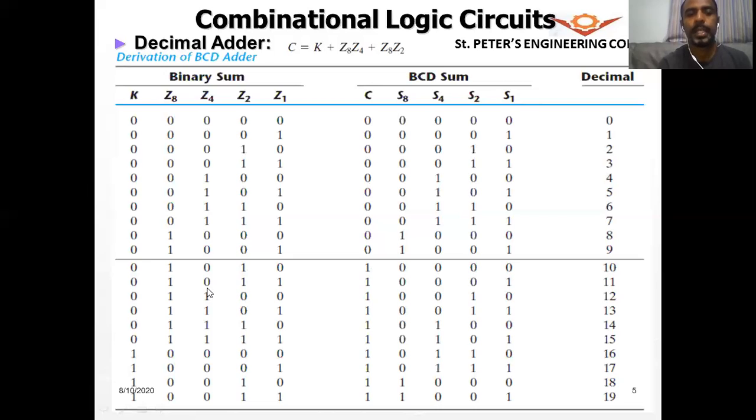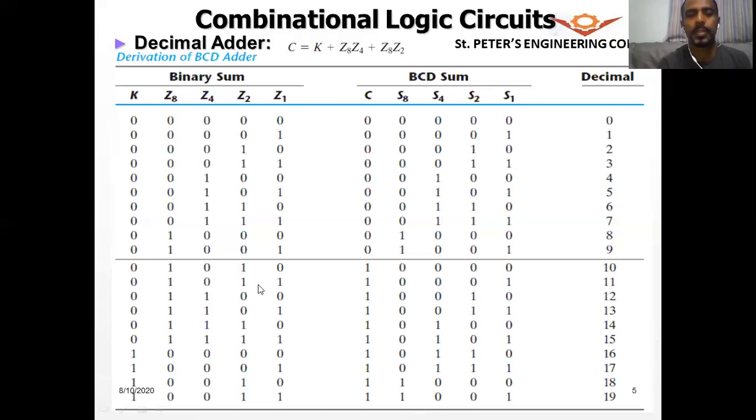If you take this and simplify and write an expression using the Karnaugh map, as you see, when a literal changes its state, it will be eliminated. So Z8 and Z2 will be occurring for this.